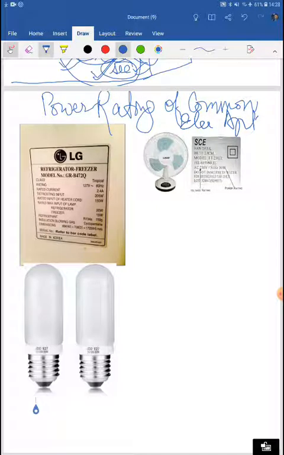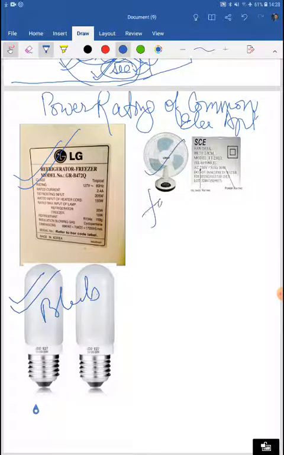Here I've taken one refrigerator, here I've taken a bulb, and here I've taken a fan. You can see on any electrical appliances, right from your radio at home, television, or your iron, mixer, grinder, your speakers, your adapters to charge your phone, any electrical appliances, you can find these markings or power ratings mentioned on it.